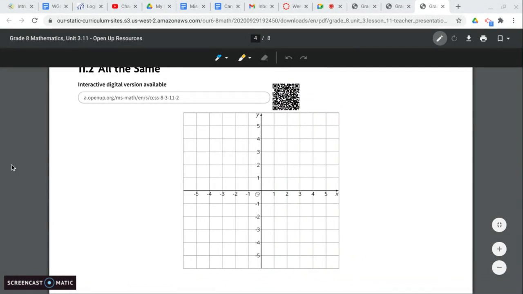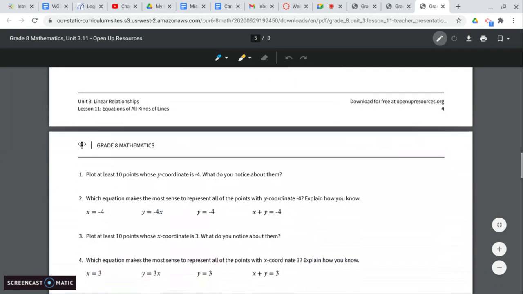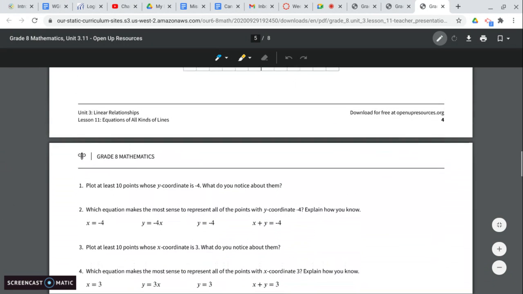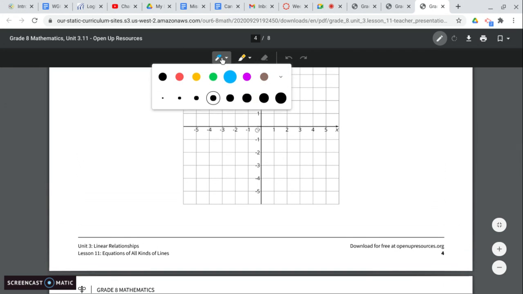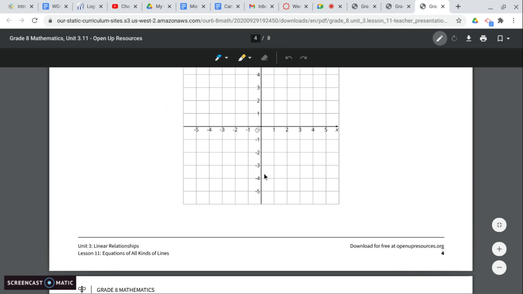So we've got this graph here and our information's down here. What we want to do is plot at least 10 points whose y-coordinate is -4. What do you notice about them? Well, let's plot some points with a y-coordinate of -4. So this would have a y-coordinate of -4, so would this, and this one, and this one, and this one.